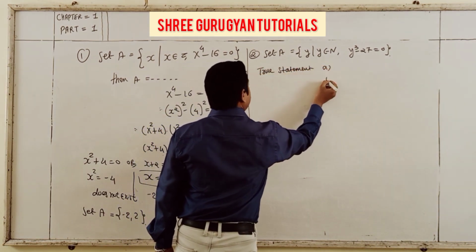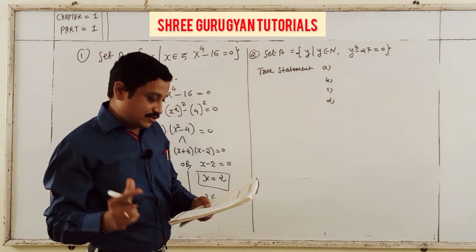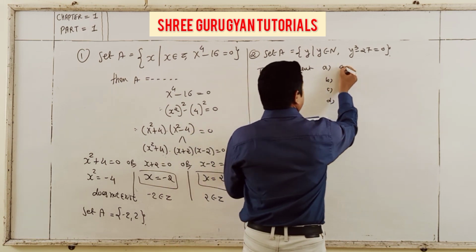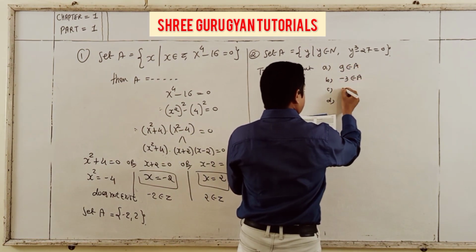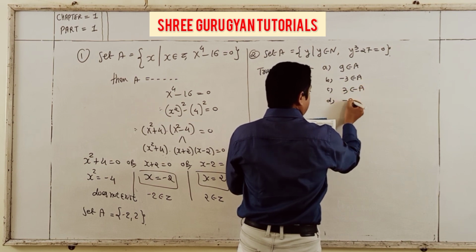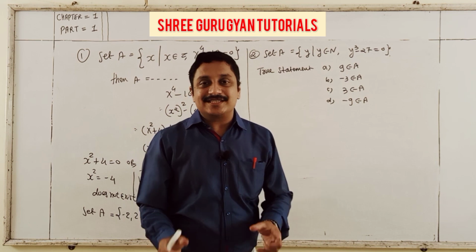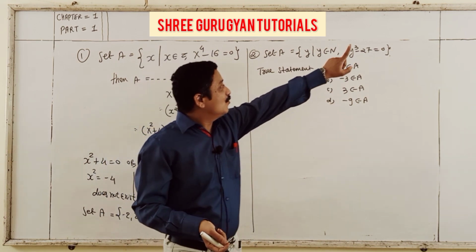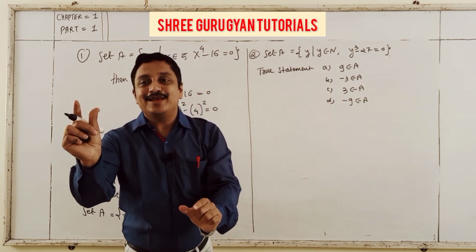Here the options are printed, so you will check option-wise. The options are: 9 belongs to A, minus 3 belongs to A, 3 belongs to A and minus 9 belongs to A.